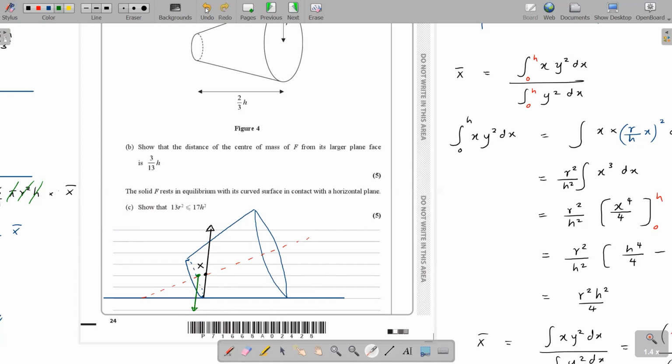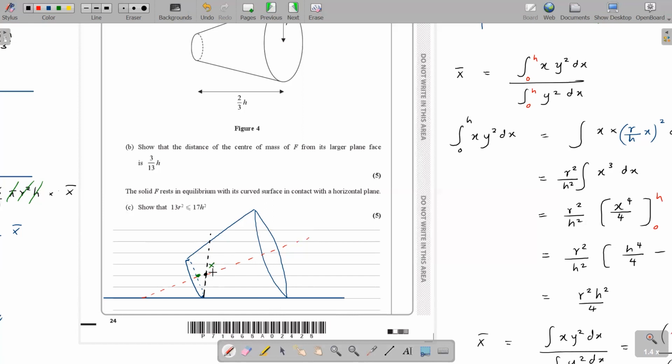So in order for this object to be in equilibrium, this is not the normal reaction, I'll just draw this dotted line here. All that's required here is this point X. This point X is the special point here.